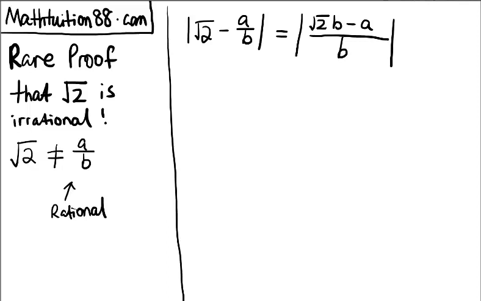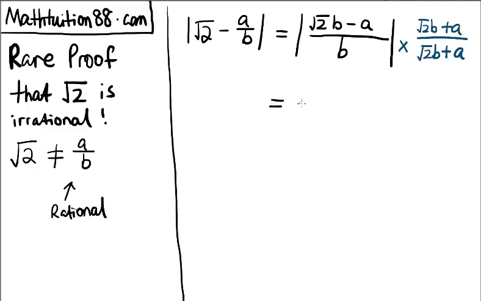How to do this? We will multiply by the conjugate as follows. We will multiply by root 2 b plus a over root 2 b plus a. Let's see what happens to the fraction.